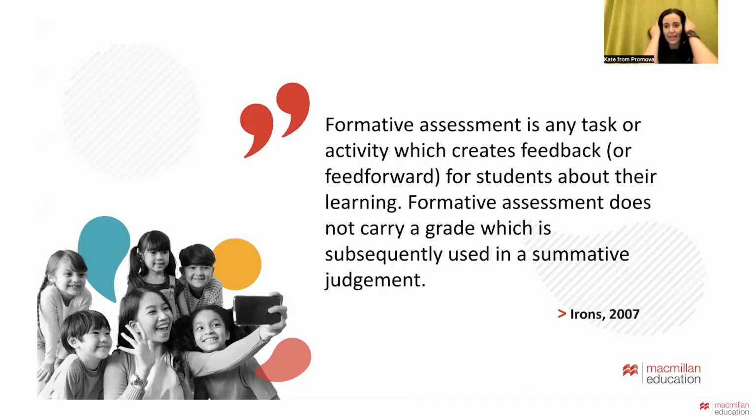Formative assessment is generally any task or any kind of activity which creates feedback or feed forward for students to inform them about their learning. And formative assessment does not carry a grade which can be used in summative judgment.